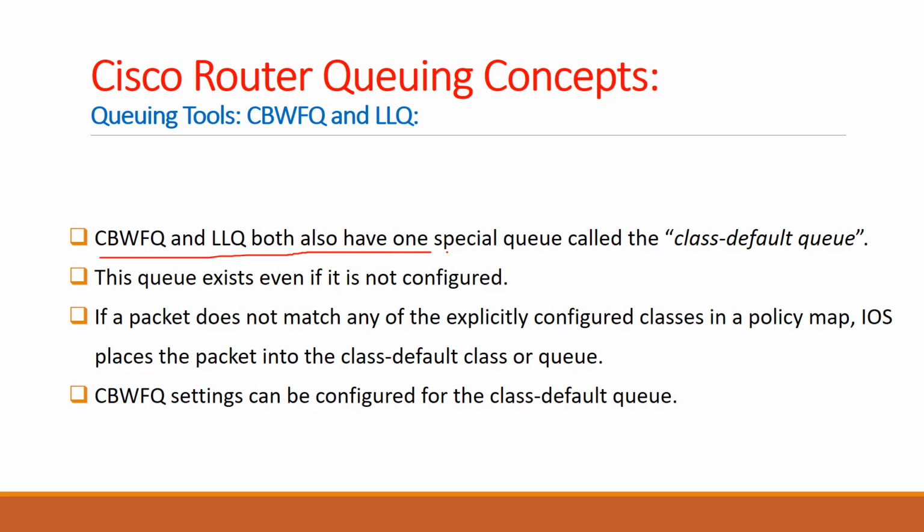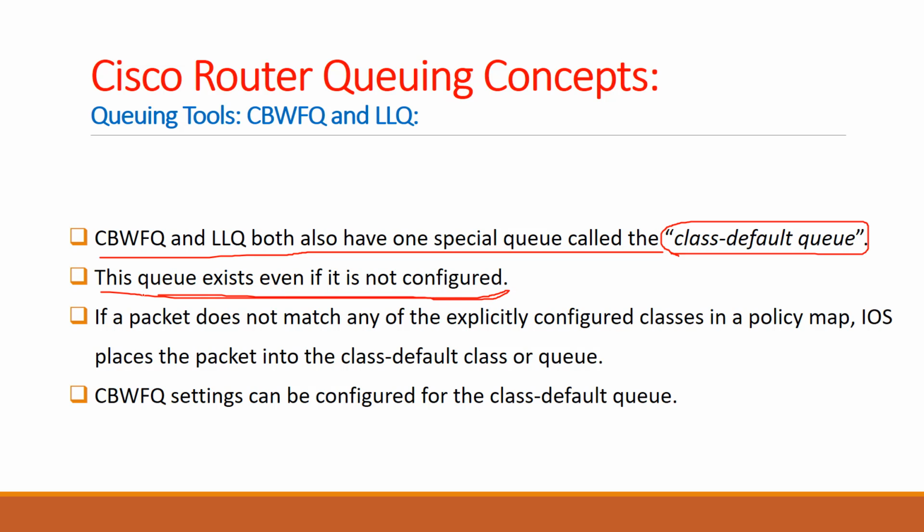Both tools also have one special queue called the class default queue. And I think it is not new for you because we defined the class default queue in part 1 of the quality of service videos. The class default queue exists even if it is not configured.